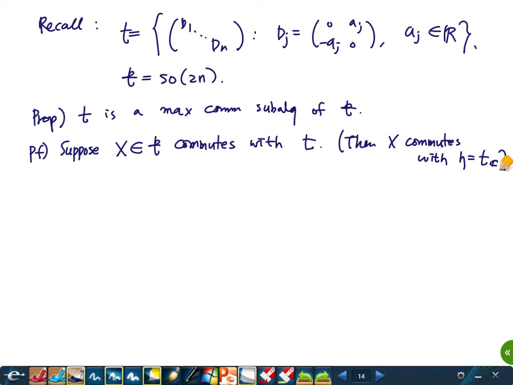So it also commutes with the algebra H we defined. And we already proved that, so X is in K, but K is in G, of course. G is the complexification of this, and we know that G decomposes into this.